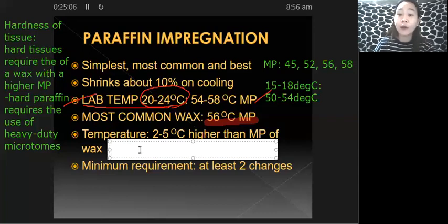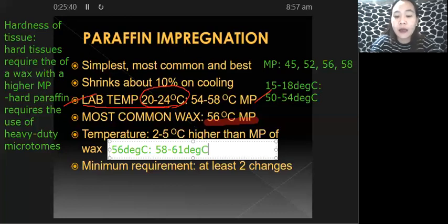Just like what I discussed in our post-laboratory lecture, if we are going to apply this rule, say for example, the melting point of your wax is 56 degrees Celsius. At what temperature range should you carry out the process of paraffin impregnation? You just add, so it should be 58 to 61 degrees Celsius.